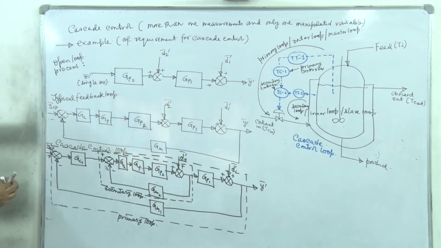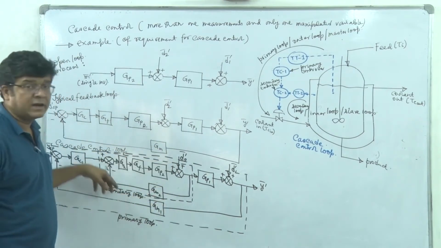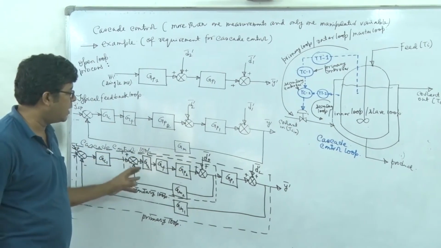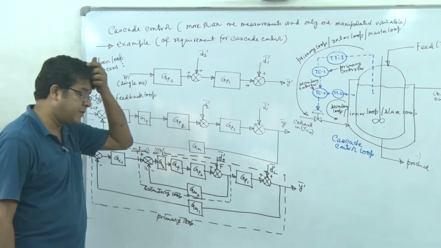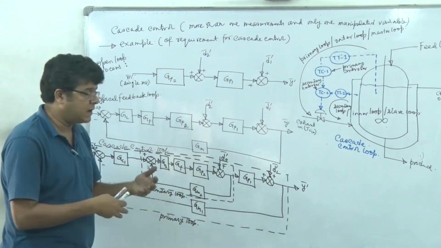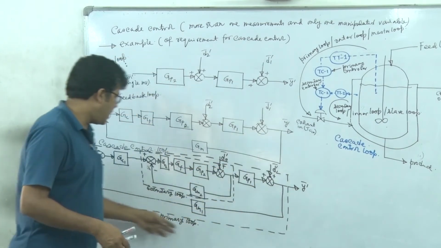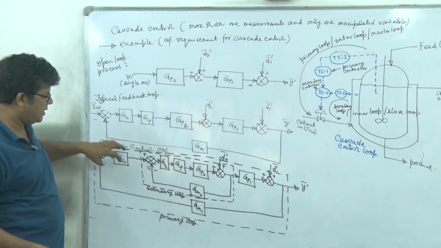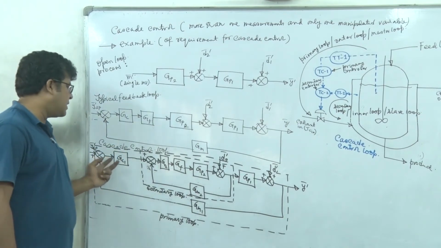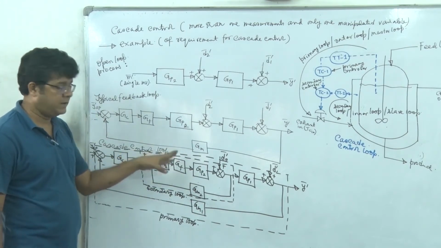Here we are taking some basic intermediate corrective action, but it may not be foolproof. We don't want a foolproof zero offset corrective action to be implemented in the secondary loop. It's a partial correction we are making, and then we go to the primary process. The overall exhaustive correction will be made by the primary controller. So the primary controller generates a set point based on which the secondary controller functions, right?